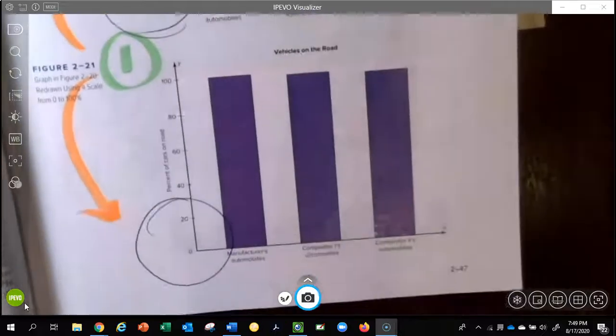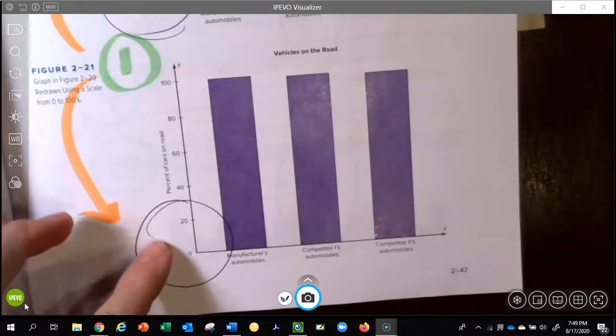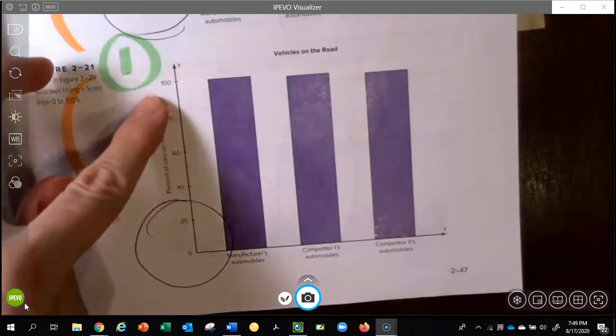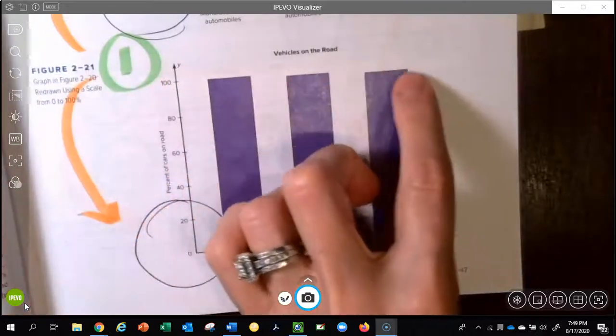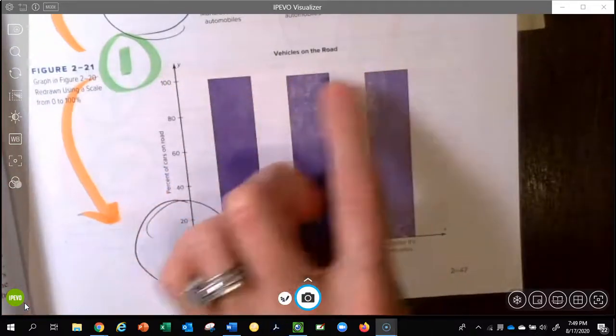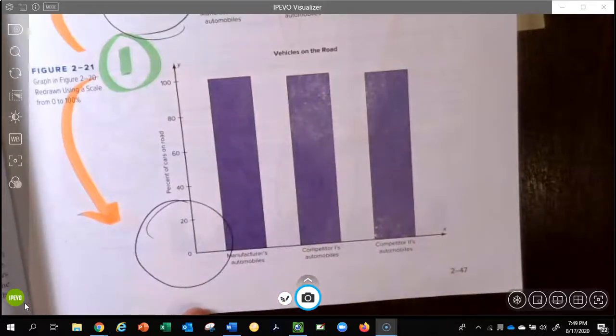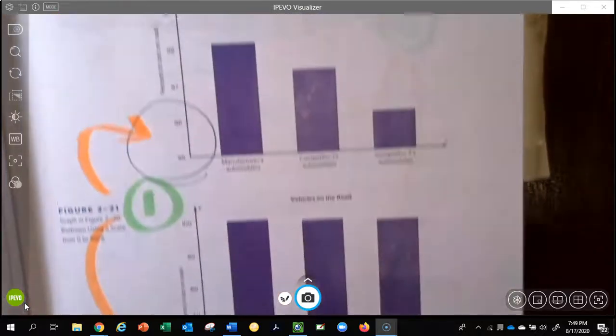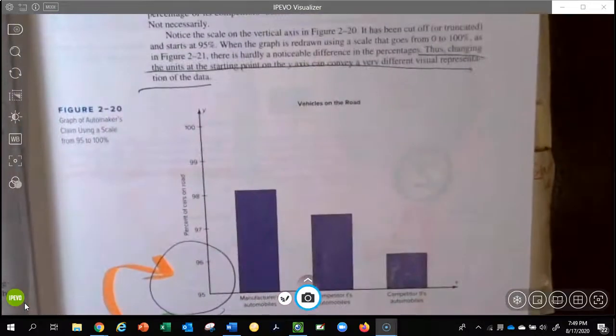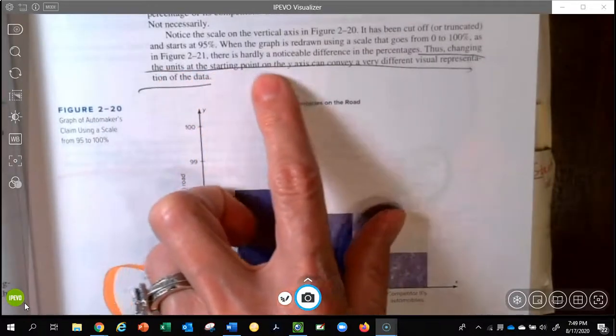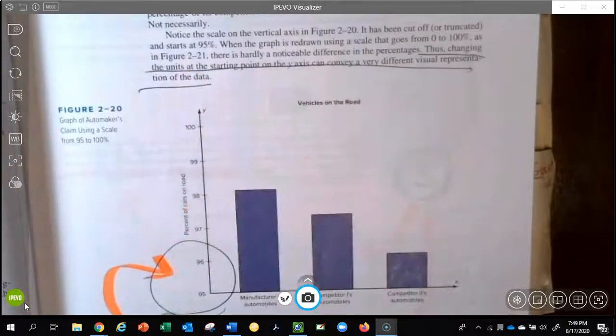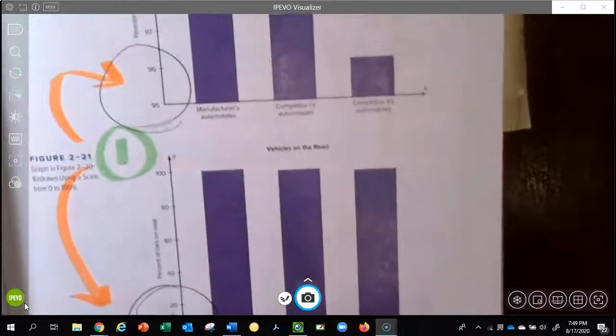But then if we notice the graph that actually starts at 0 and then goes up with correct spacing to 100, you don't really notice a major change of this going down. So one way that graphs can be misleading, as it says here, changing the units at the starting point on the y-axis can convey a different visual representation.